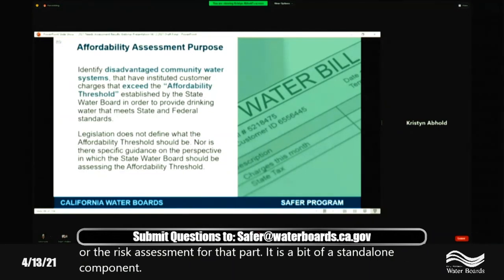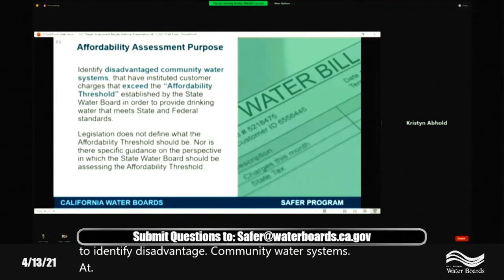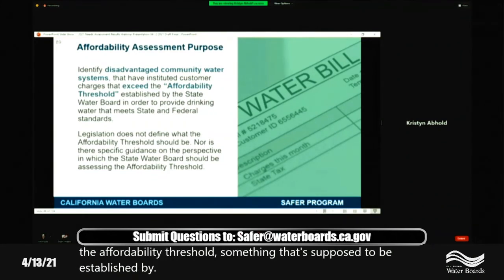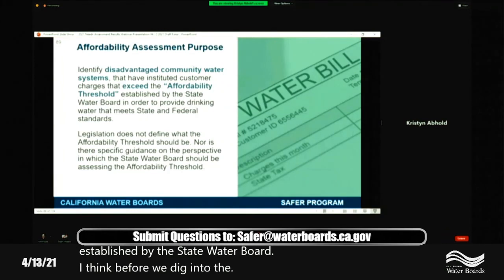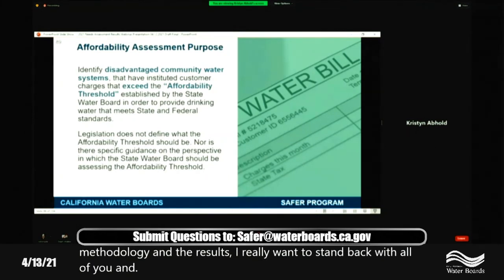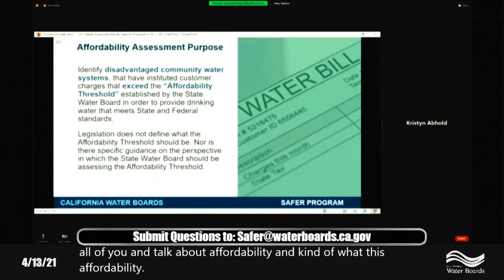The purpose of the affordability assessment is to identify disadvantaged community water systems that have customer charges that exceed something called the affordability threshold, something that's supposed to be established by the State Water Board. Before we dig into the affordability assessment methodology and the results, I want to stand back with all of you and talk about affordability and what this affordability threshold may be.